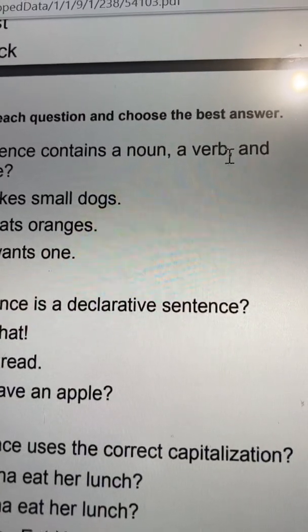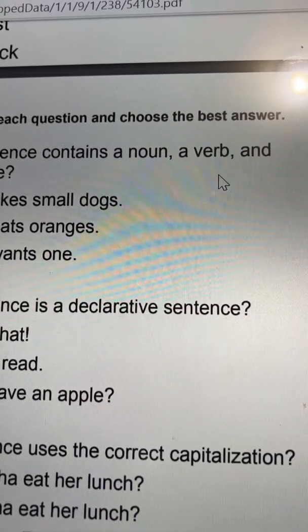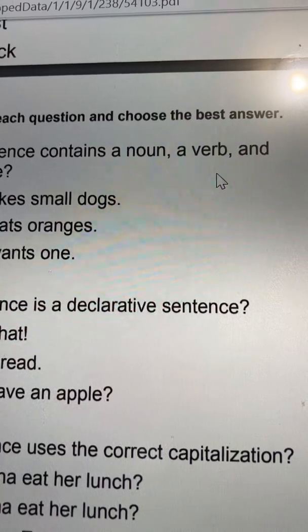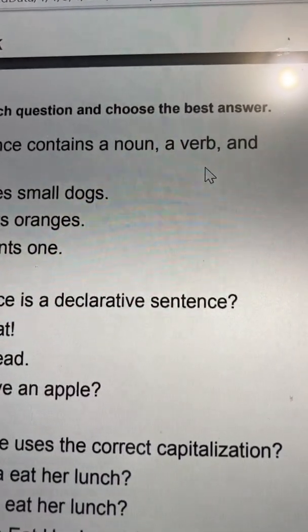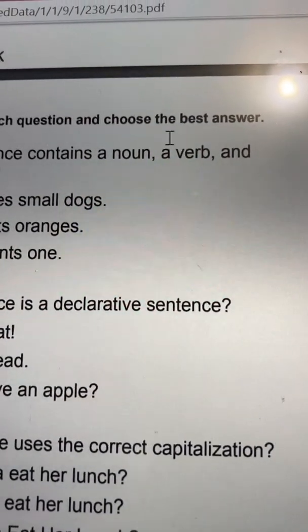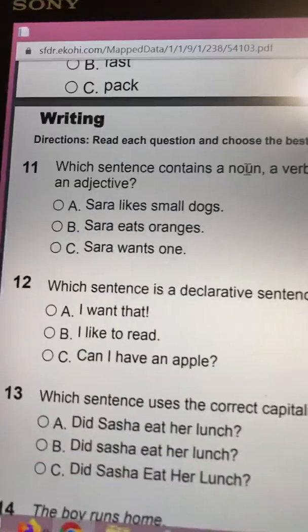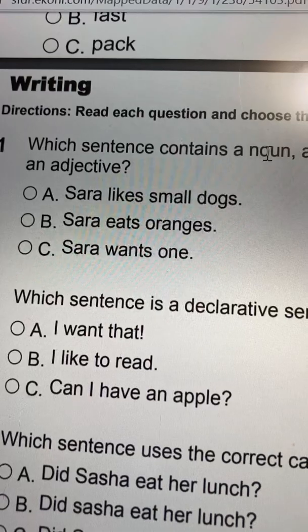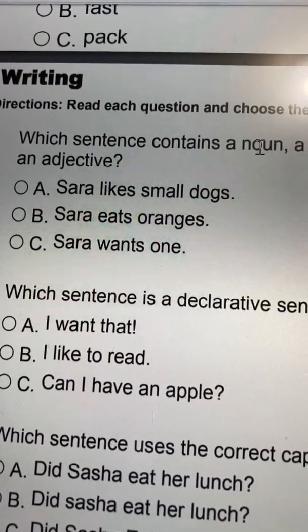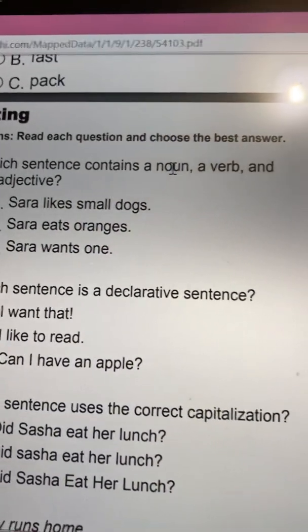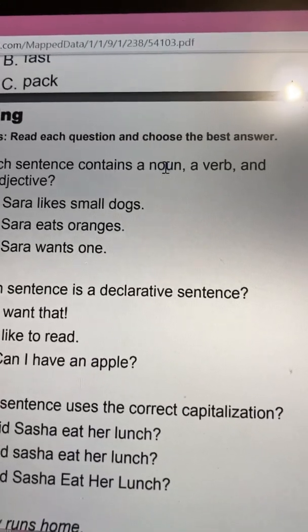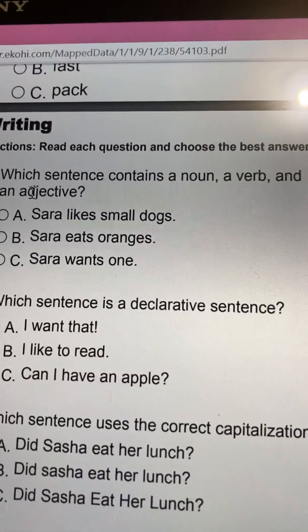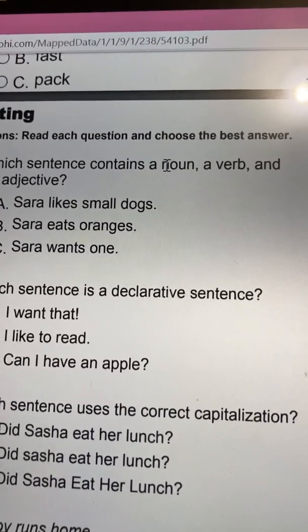A verb is an action word, something you do, like swim, throw, talk, point, snore, something that you do, a verb. And an adjective. An adjective is going to be a word that describes your noun. So if my sentence was a blue ball, then blue is going to be my adjective because it describes my noun, which is the ball.